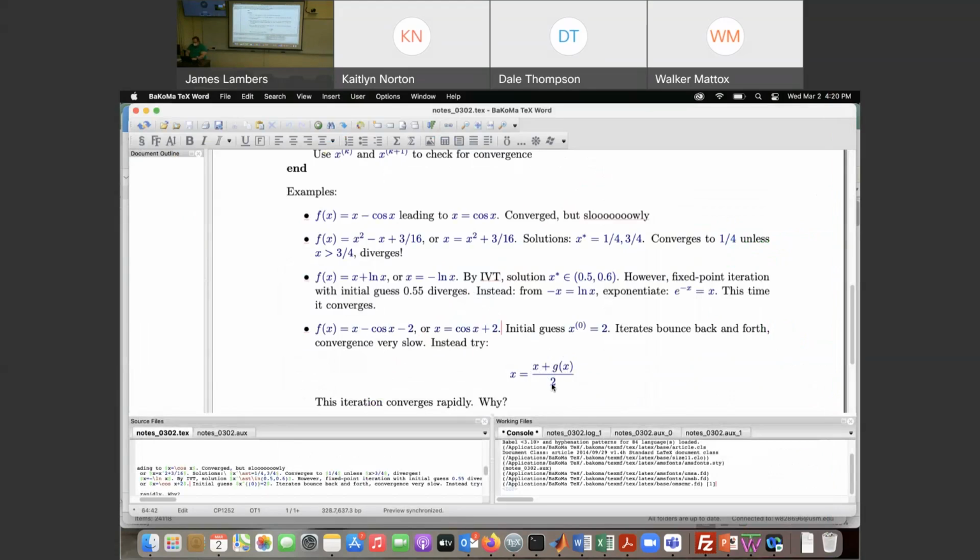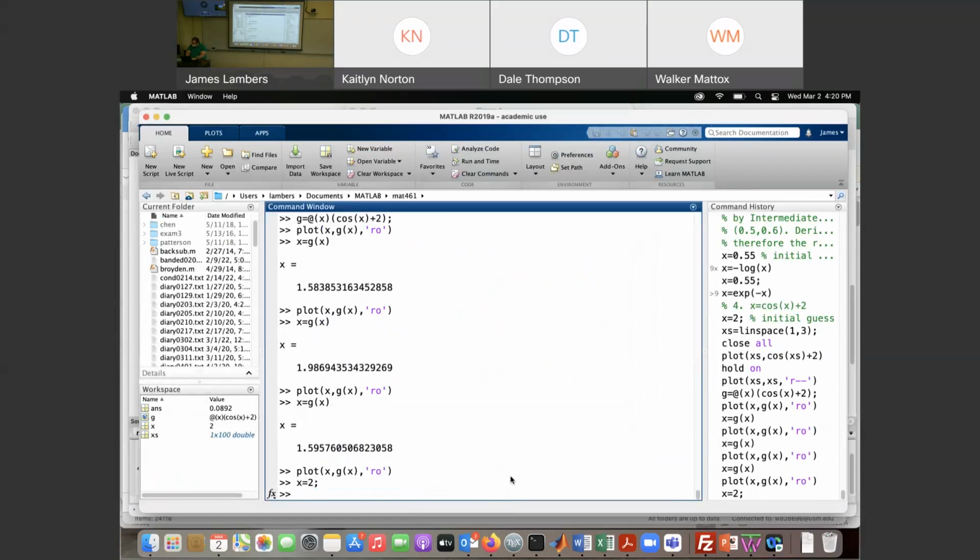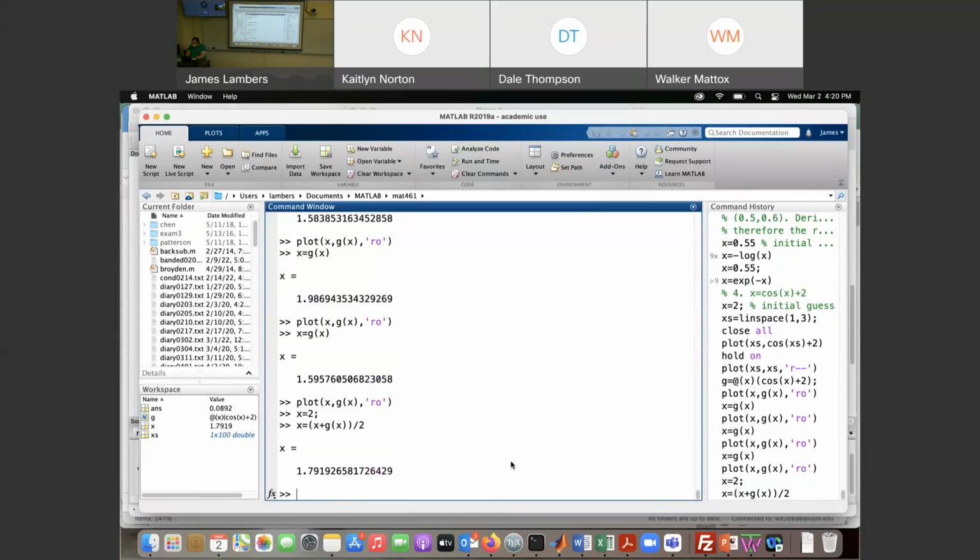So now if I do that, okay, I'll set my initial guess back to 2. Then I'll have x plus g of x all over 2. That puts me at 1.79. So now I'll plot that value using a black circle.